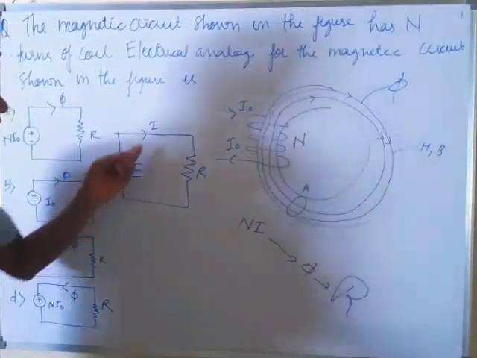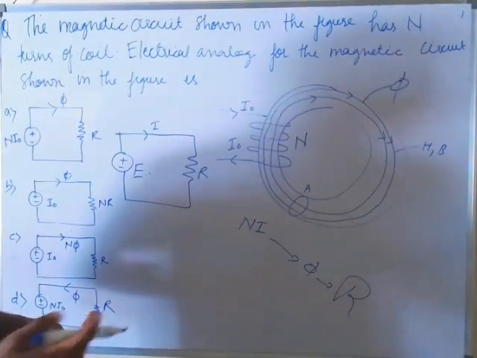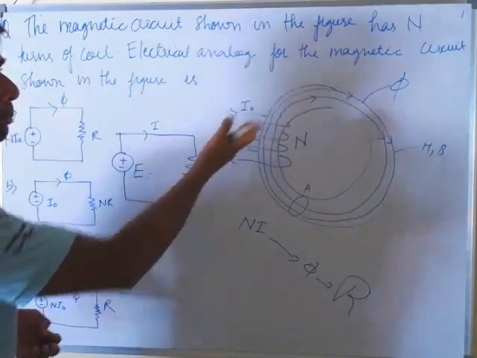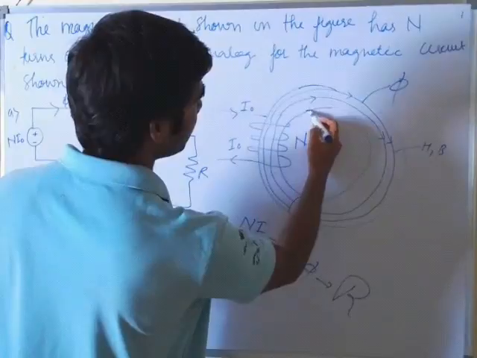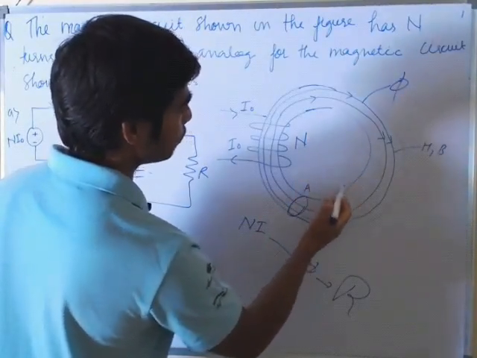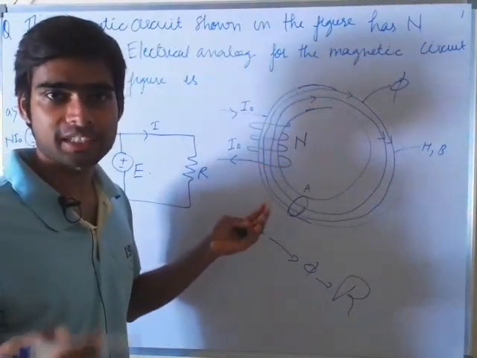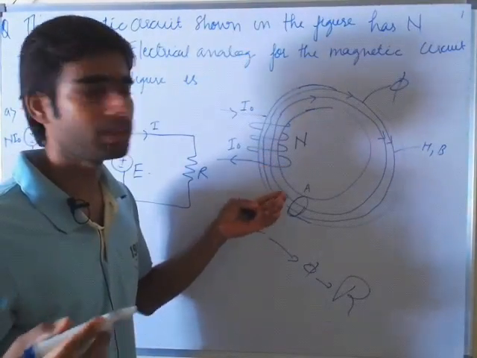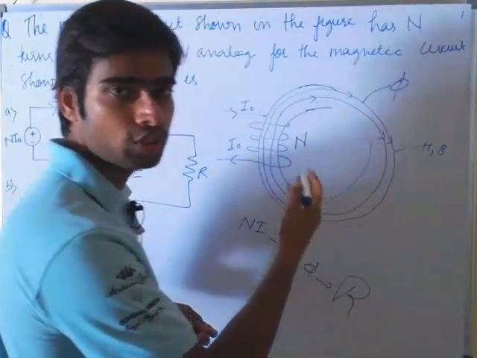In an electrical circuit, for the flow of current, we use wire. In a magnetic circuit, what do we use? We use the core. We can see here, this is the core, and this is the cross-section area of the core. We provide the core because the core provides a less reluctance path as compared to air. That's why we prefer an iron core for the flow of flux.